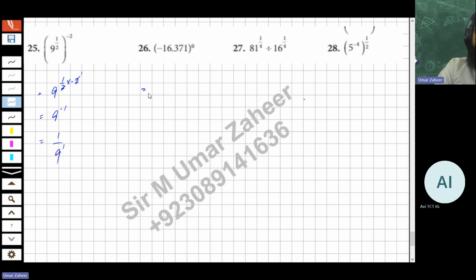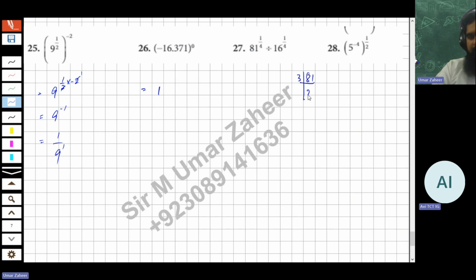Okay, so minus 16.371 whole raised to power 0 is equal to 1. Now 81 raised to power 1 by 4 and 16 raised to power 1 by 4. First of all, we have to simplify. So you have to do the prime factorization of 81.